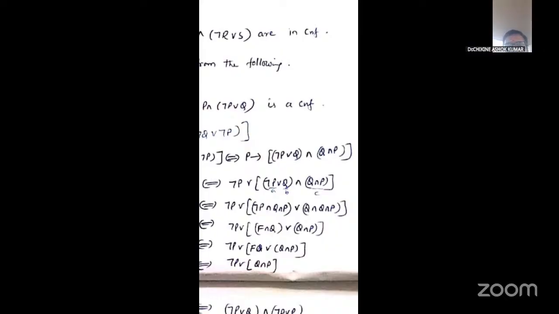A union B intersection C is A union B intersection A union C. In the place of A, here I have negation P. In the place of B, I have Q. In the place of C, here I have Q intersection P. Is it clear? Now apply the right distributive law for the above statement.